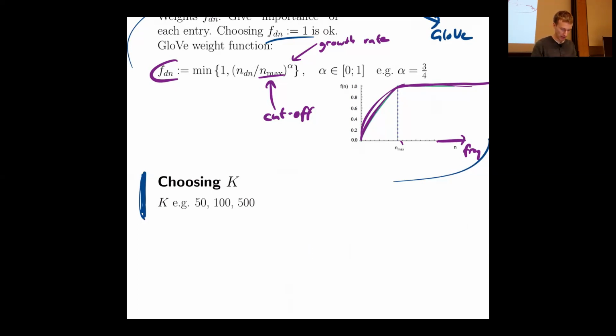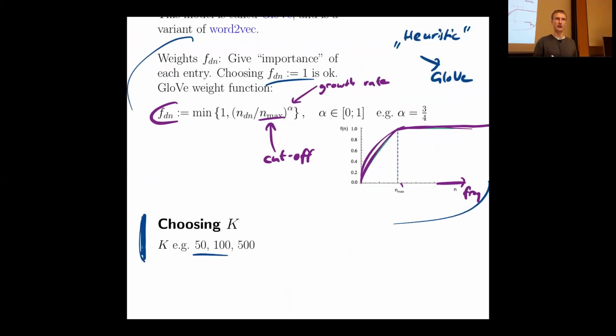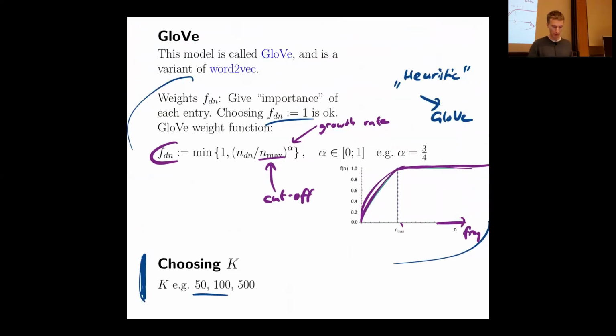And for text applications, what you find is usually smaller values around 50 or so work quite well, but then there are more advanced word representations since then. For example, from transformer neural network models.